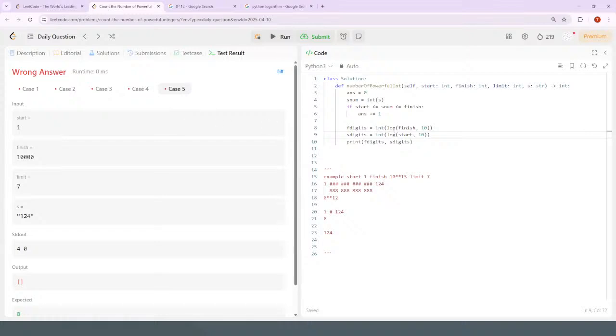Seems like it's off by 1 for some reason. 10 to the first, second, third. Okay, so the number of digits is rounding down. 10 to the first, second, third, fourth. No, I guess that's right.